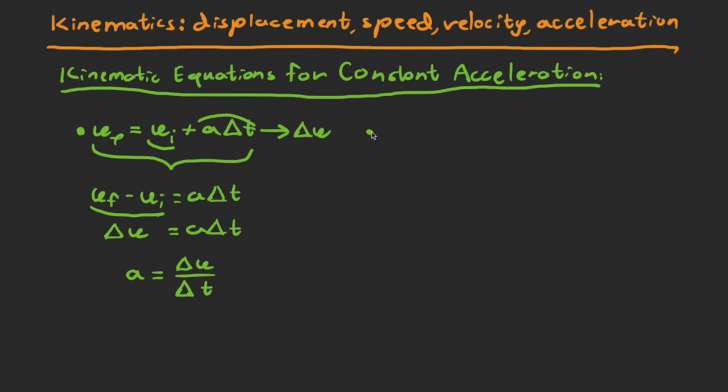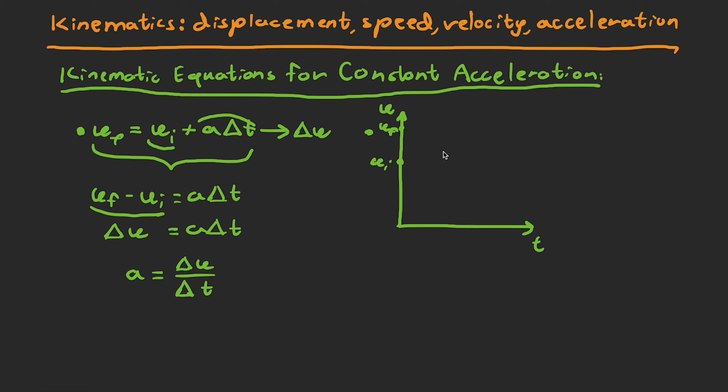Our second equation, I'm going to showcase it to you from a graph. Let's have a graph of velocity to time. Let's pick a starting velocity. Let's just say v initial, and this is v final.